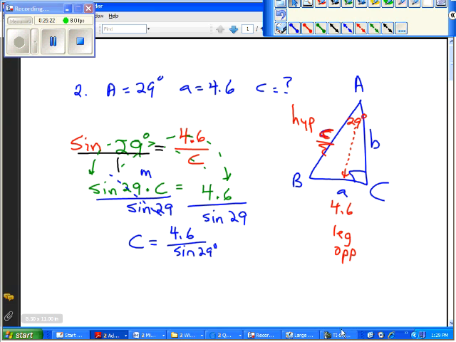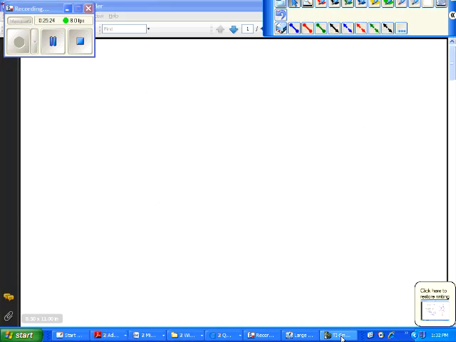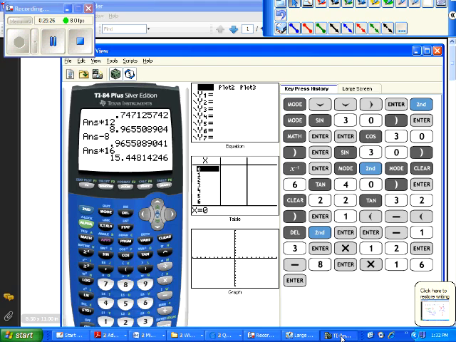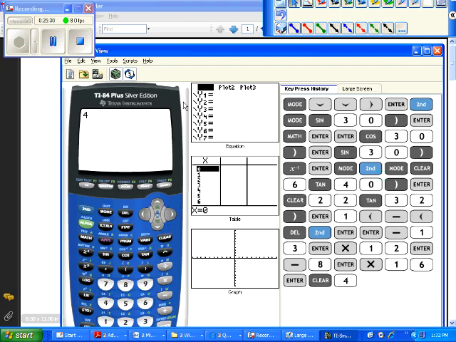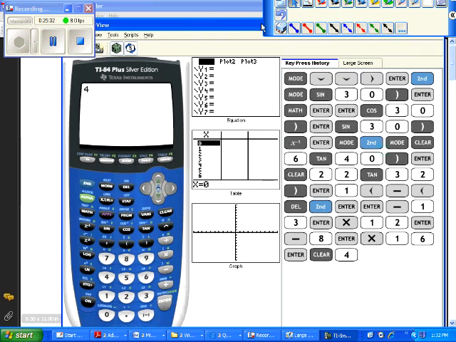All right, so we're going to go to our calculator here. 4.6 divided by sine 29. I guess I'm going to move it up. 4.6 divided by sine, what was it, 49? 29?